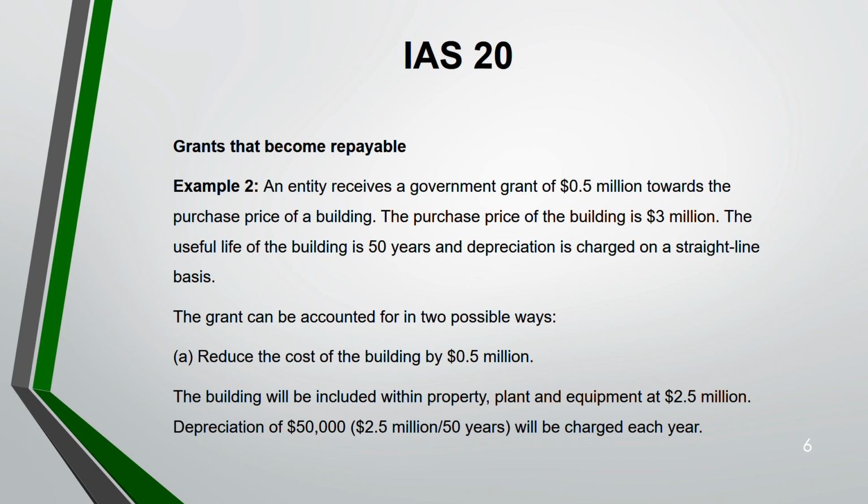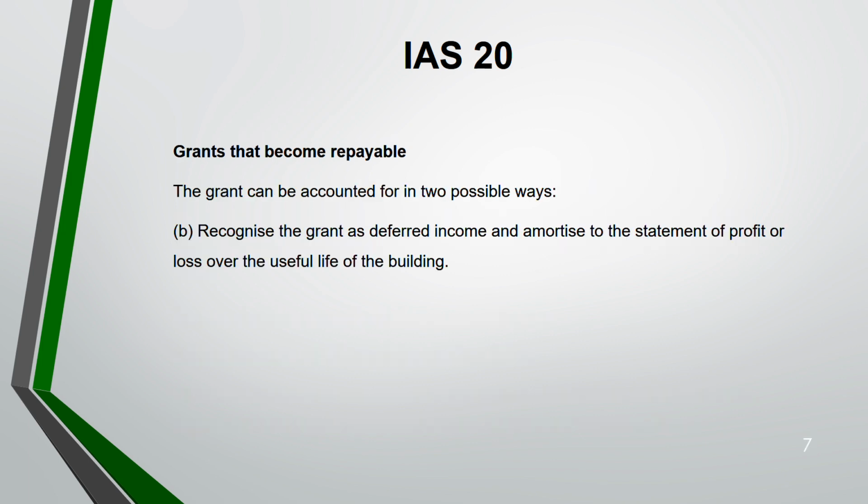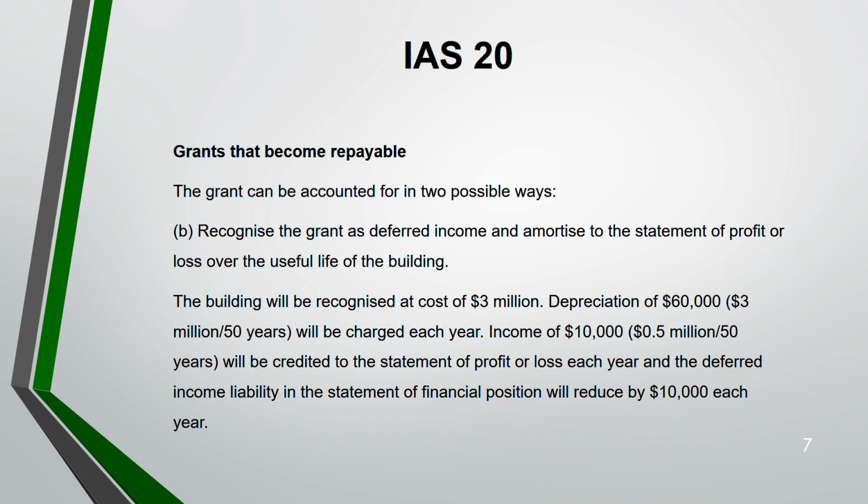Okay, so when we reduce the cost, the cost becomes 2.5. This 2.5 you will divide by 50 to get the depreciation, which is 50,000, which you will charge each year for 50 years. Or the second method, you will recognize the grant of 0.5 million as a deferred income and you will amortize it over the statement of profit and loss over the useful life of the building.